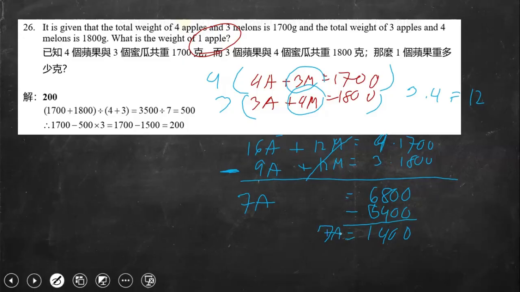And then just dividing both sides by 7, you'll get a is about 200. So that's how I would solve it. Okay, next.